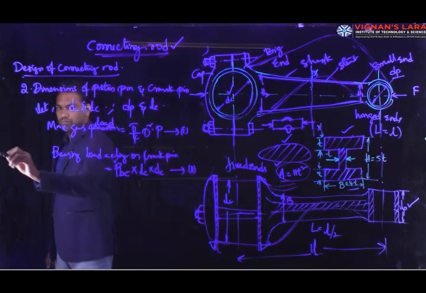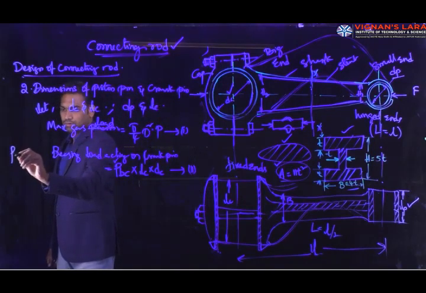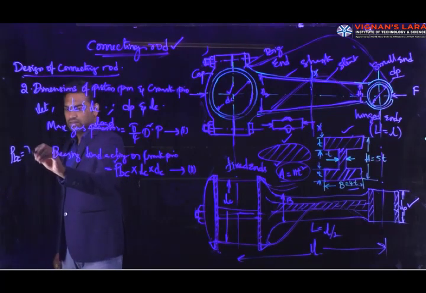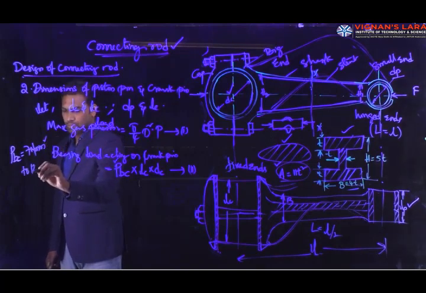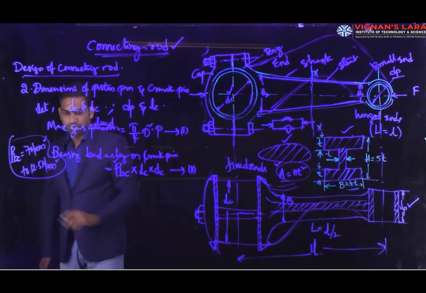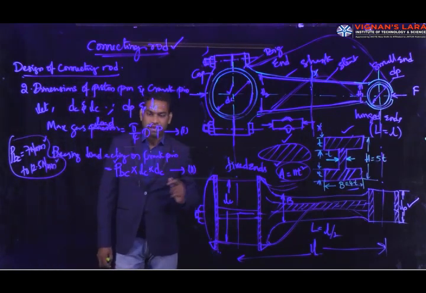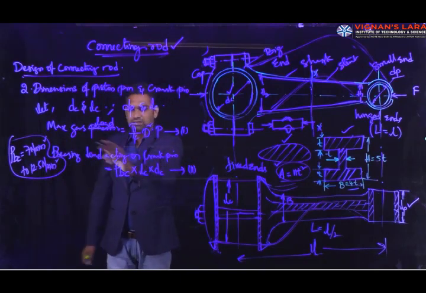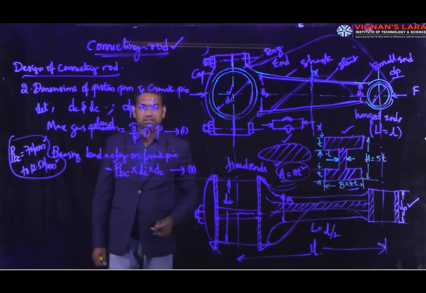So for the crank pin, the bearing pressure PBC ranges from 7 Newton per mm square to 12.5 Newton per mm square. PBC is taken within this range, and LC is the length of the crank pin.